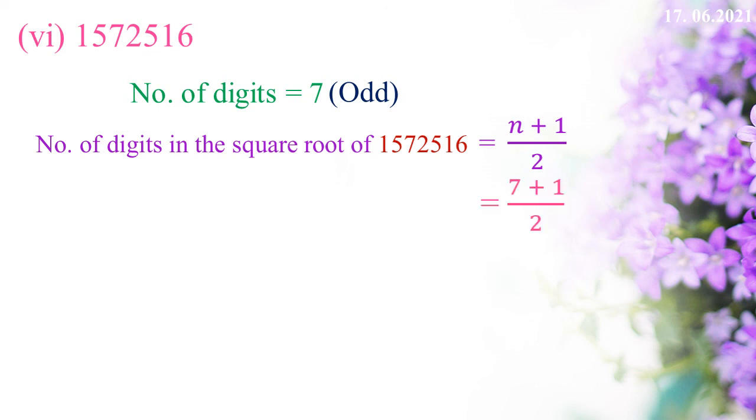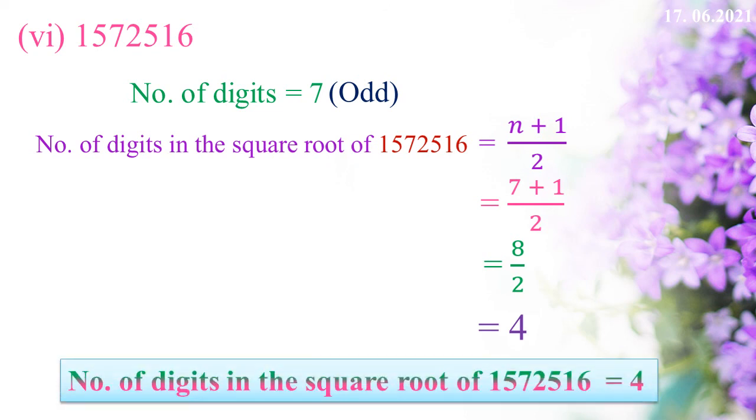Here n is 7. So 7 plus 1 by 2 equals 8 by 2. Here 2 is the common factor. So we can divide both 8 and 2 by 2. So we will get 4. Therefore, the number of digits in the square root of 15,72,516 is 4.